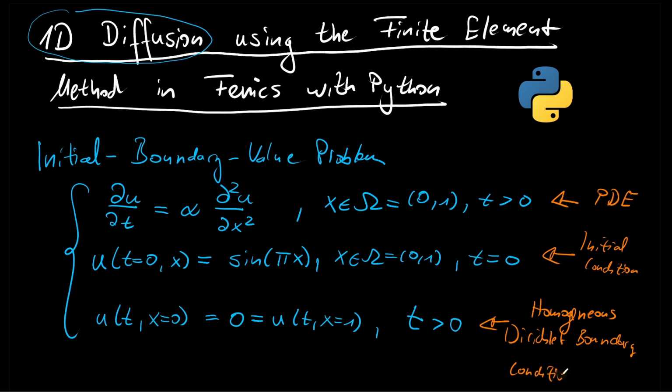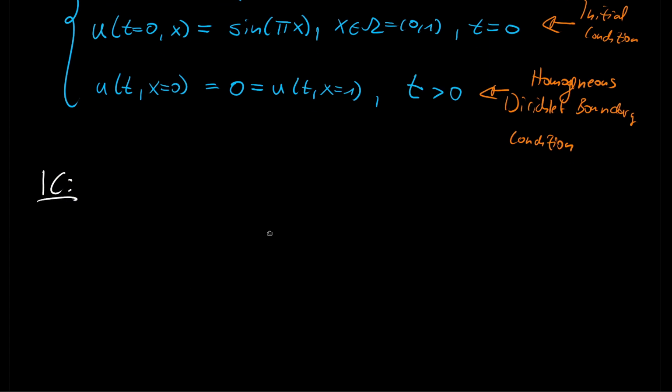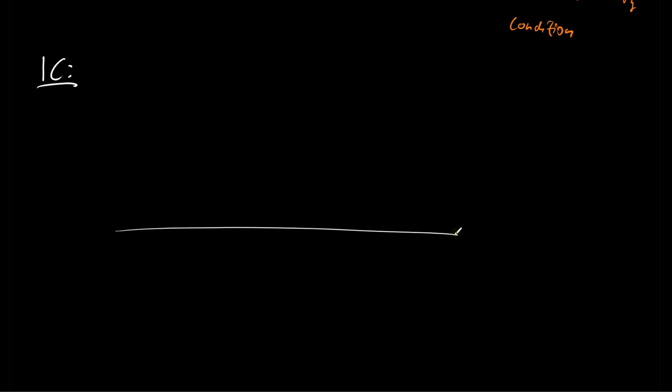And you will see this initial boundary value problem appear multiple times when we then implement it and also look at the discretization. Okay, let's look at the initial condition for a second. So let me just say initial condition, and our domain is going to be the interval from 0 to 1 on x. And then we basically have another axis. Let's, for instance, draw it here.